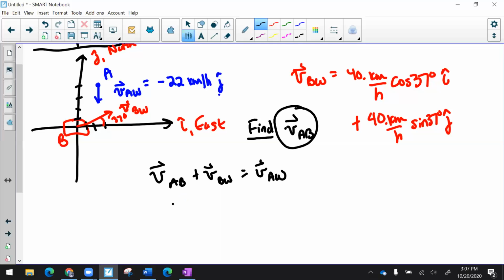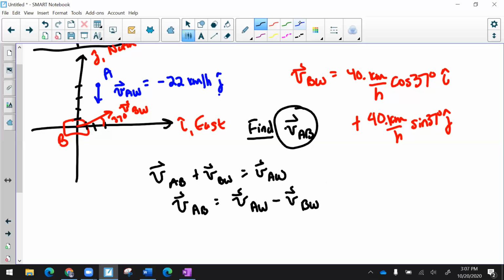And then I can solve this for VAB is going to be equal to VAW minus VBW. Now, the thing about this is that I know everything, right? And I know how to subtract vectors, right?